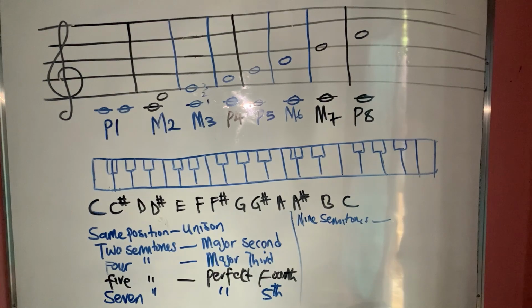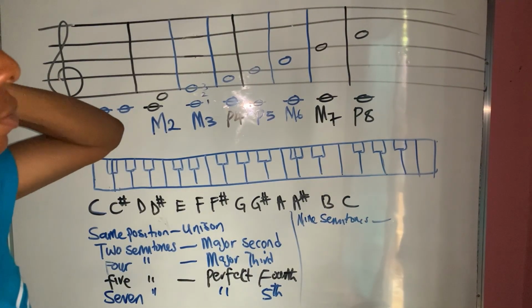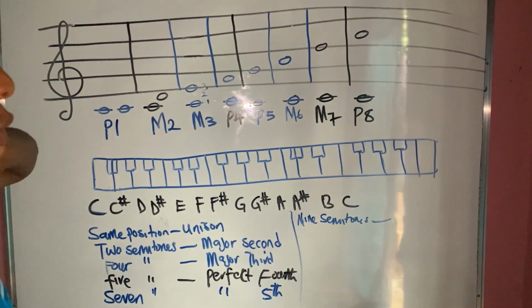Perfect 8. That 8 means octave. That means you have reached another pitch, but the same notes. So 12 semitones makes an octave.